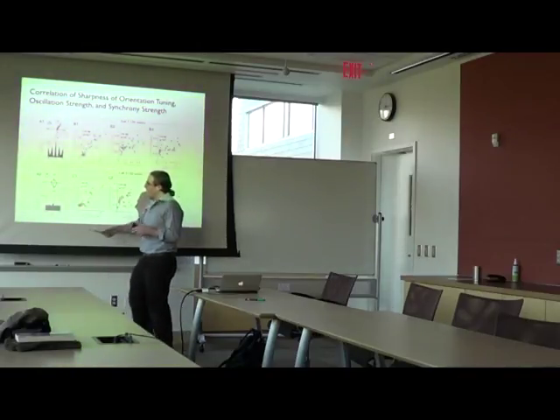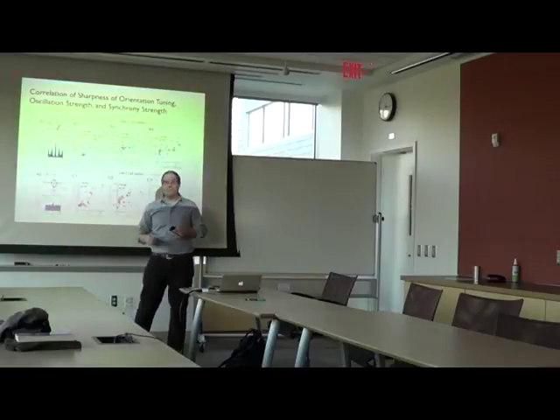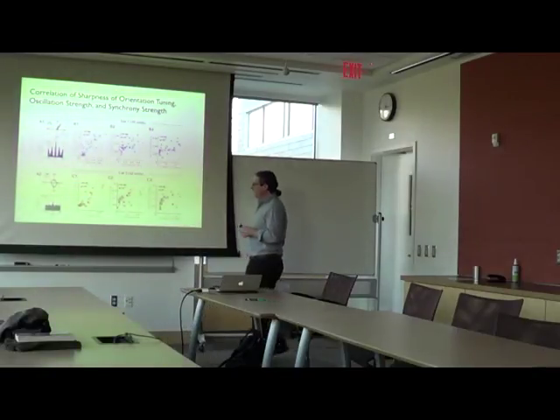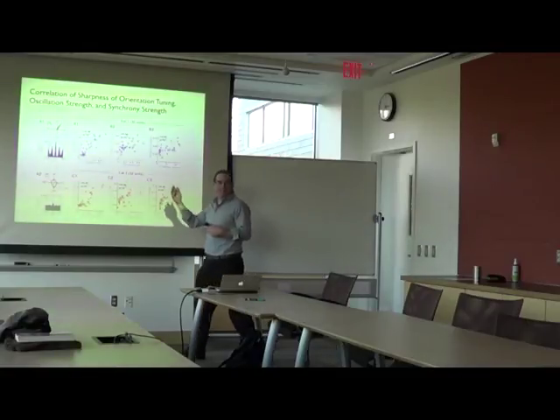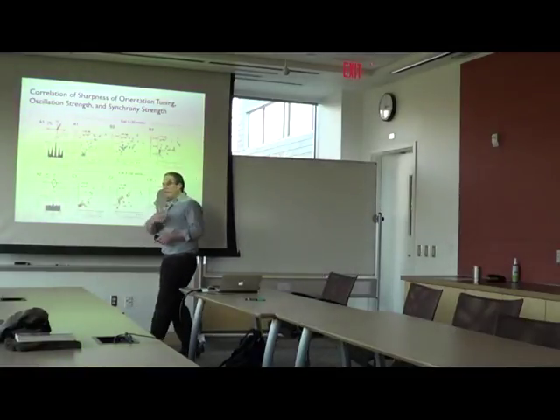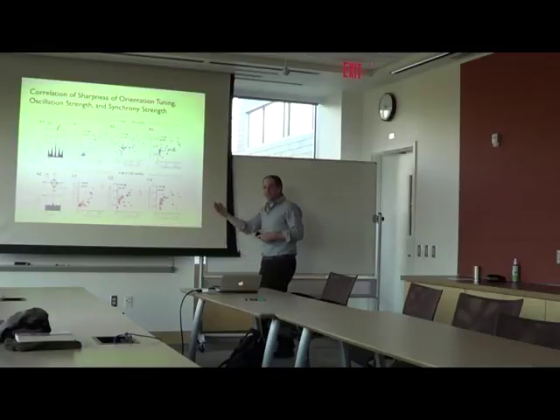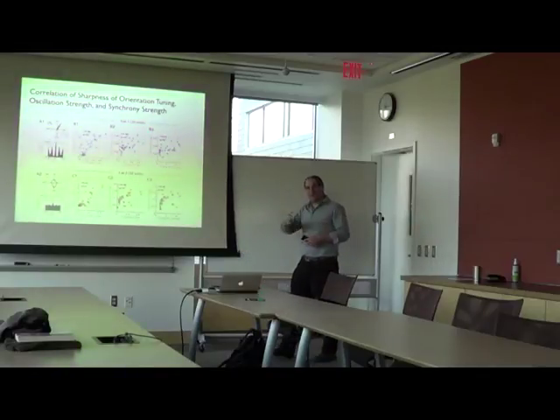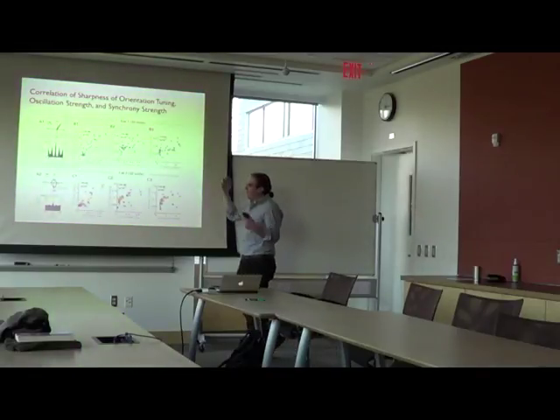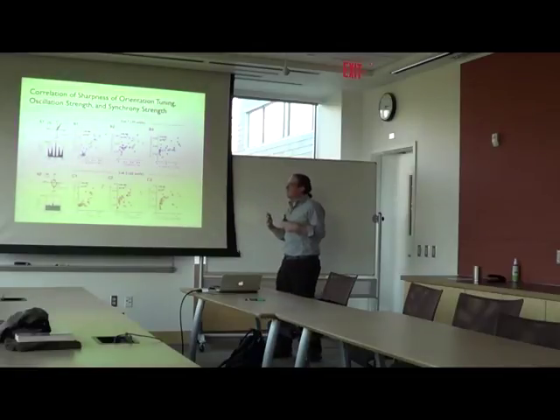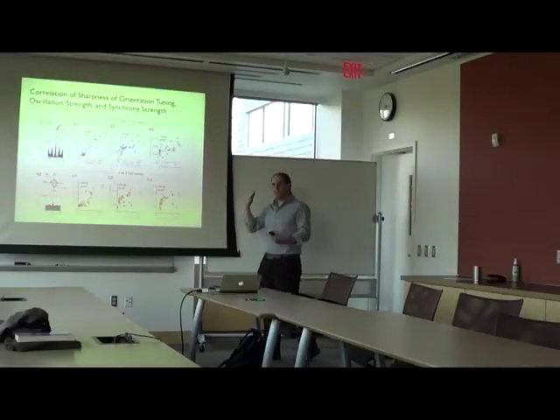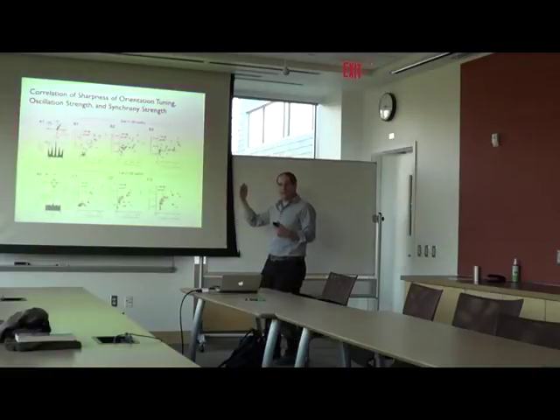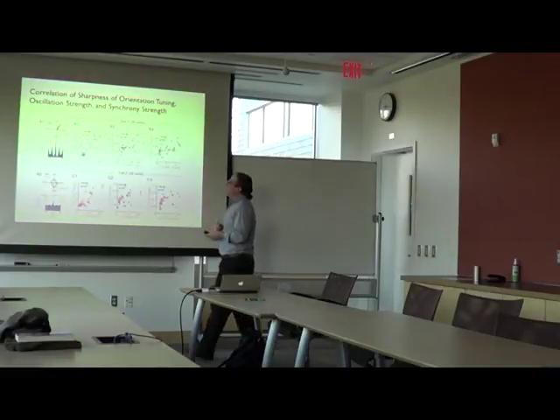It's got a very broad tuning curve, and the oscillations are very weak. Those are the poster children for these two different types. Really, there's a spectrum going from strongest to weakest. So don't think there's really two types. We're using the two types just to contrast two ends of the spectrum.